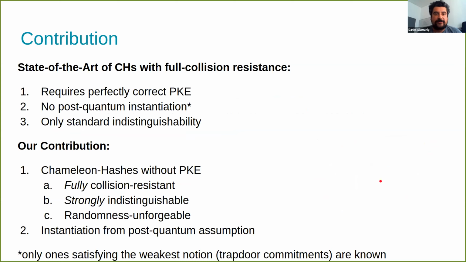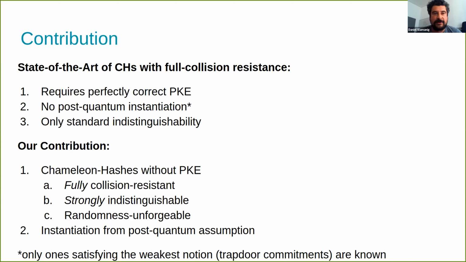So, let's look at the state of the art, the constructions. In the PKC paper, there is a generic template to construct fully collision-resistant chameleon hashes. But what is required is that you have to use a perfectly correct public key encryption scheme, which basically means that this doesn't allow you to instantiate it from post-quantum assumptions in an efficient way, right?